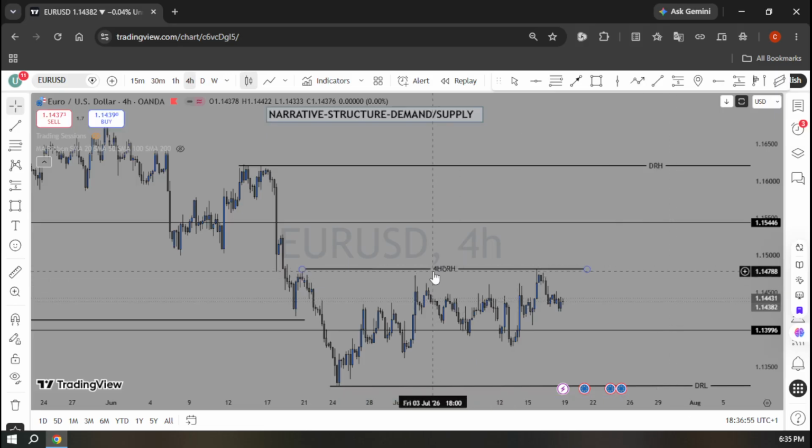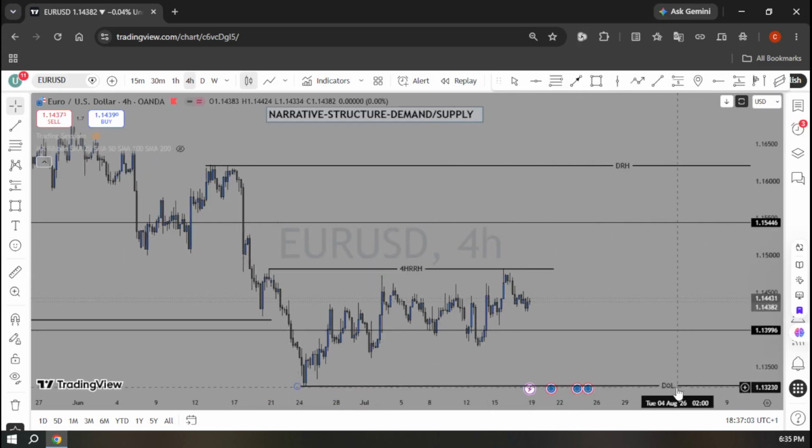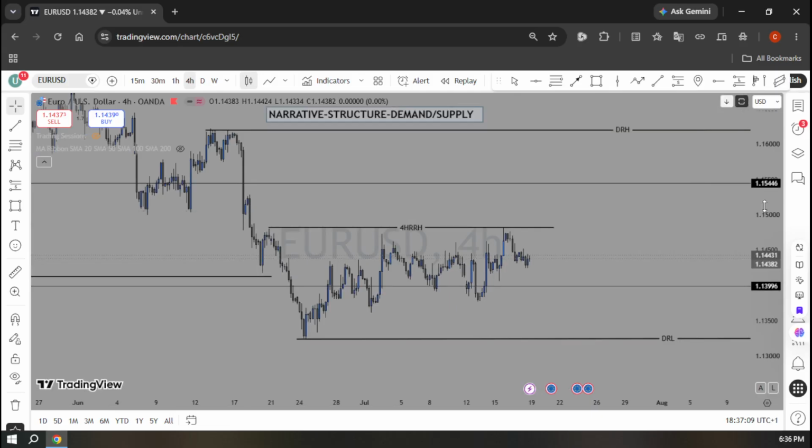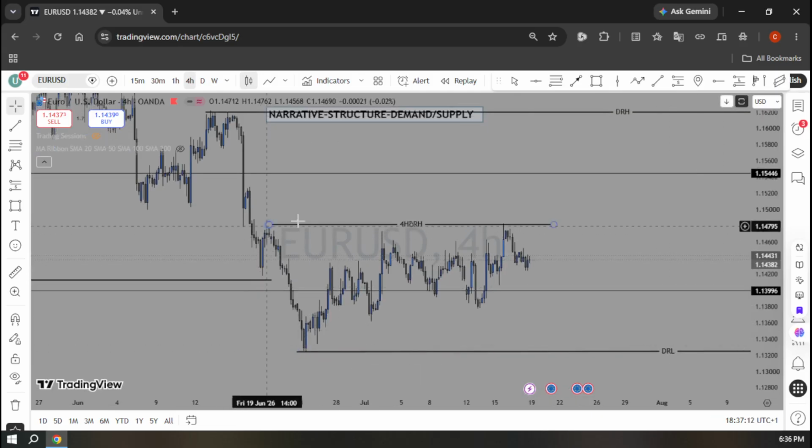So 4-hour range high. So that is what we have here, and this daily range low, it's a dealing range here, the daily range low. So what am I looking at on this pair? The price action here is pretty confusing. Why?